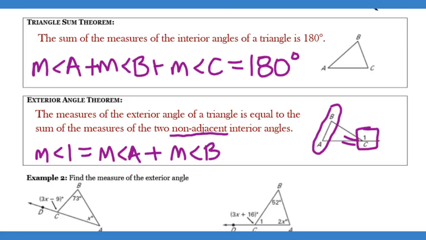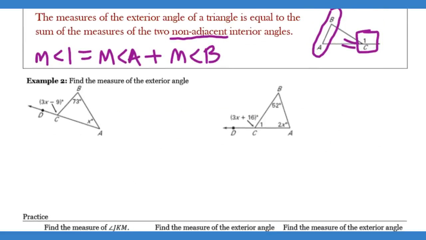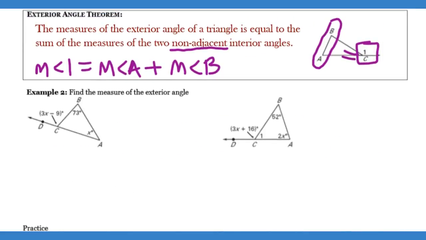All right, let's do an example using that theorem. So using our exterior angle theorem, I want to find the measure of my exterior angle. So I know that my exterior angle is 3x minus 9.